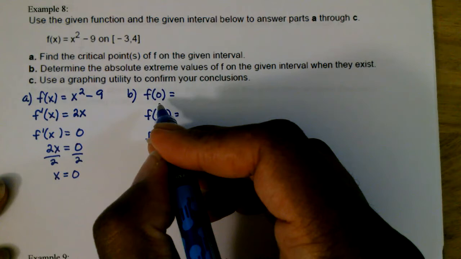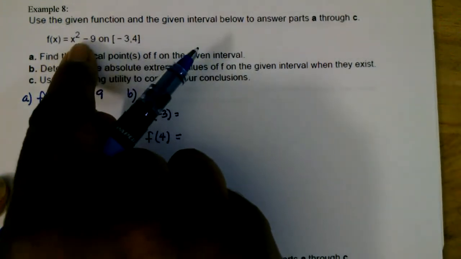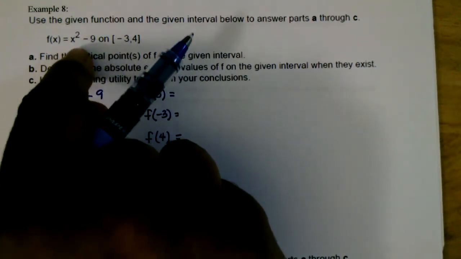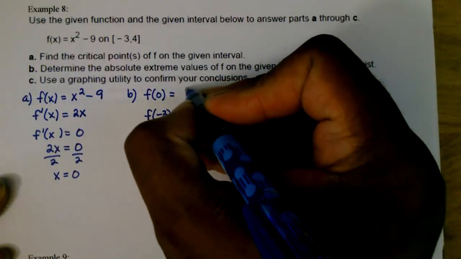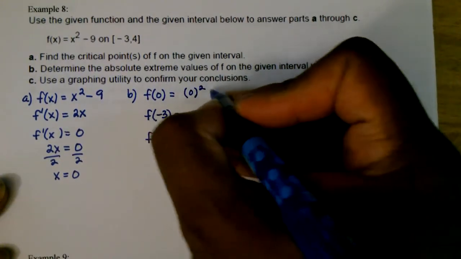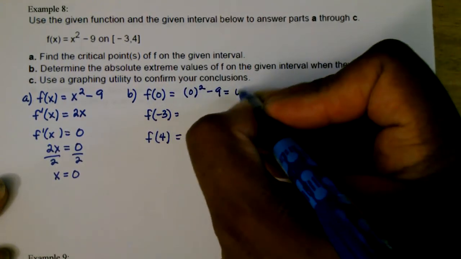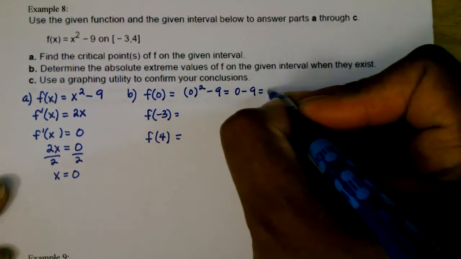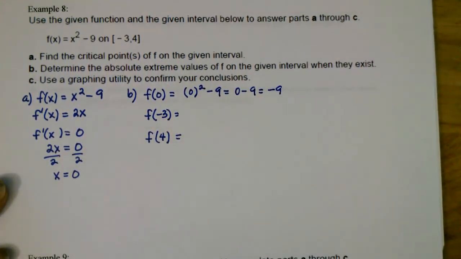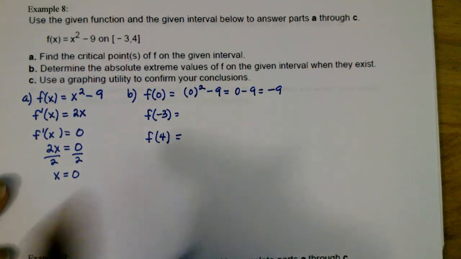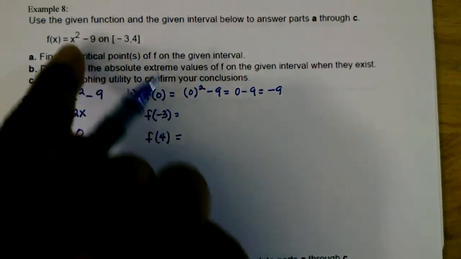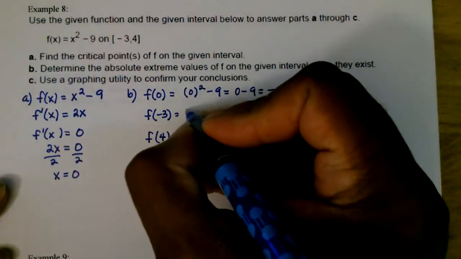So at x is equal to 0, starting off with that, we substitute the x with 0 in this original function that we started off with, x squared minus 9. So 0 squared minus 9. 0 squared is 0, minus 9 would be -9. And now for f of -3, substitute the x with -3.